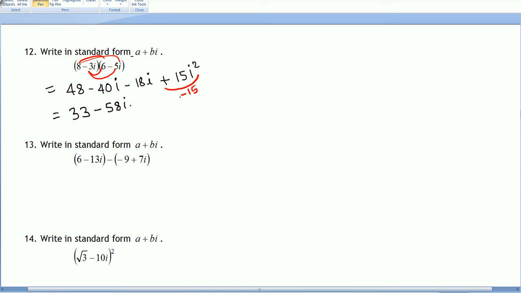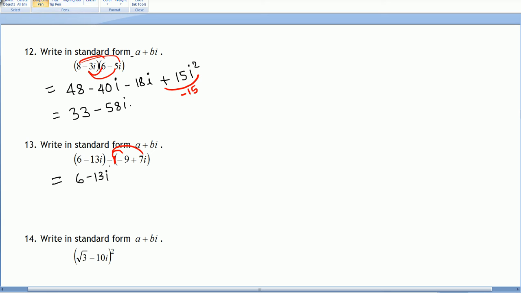Okay, that's it. Next, in 13, write in standard form a plus bi. So basically we are subtracting this complex number from this. Let's get rid of parentheses. There is nothing to distribute, so this is 6 minus 13i, and minus, with nothing there meaning 1, so we need to distribute negative 1.